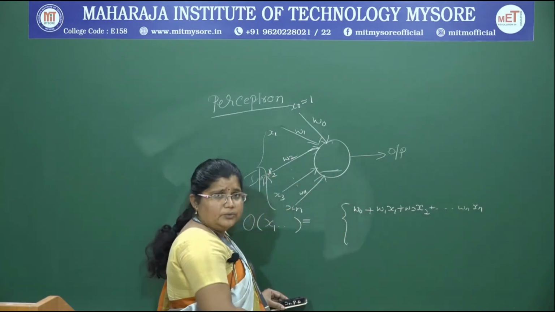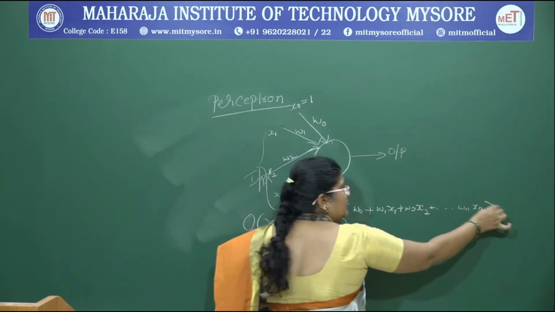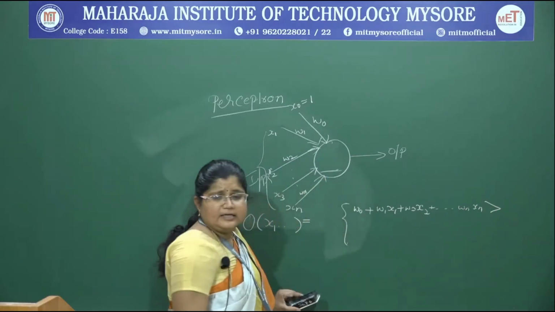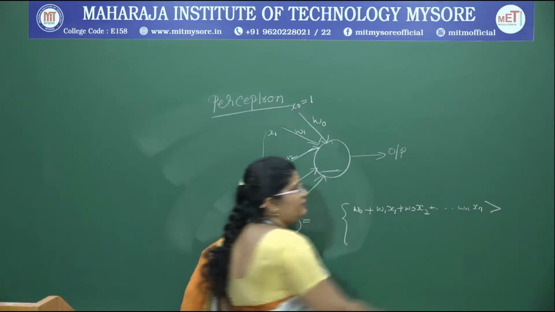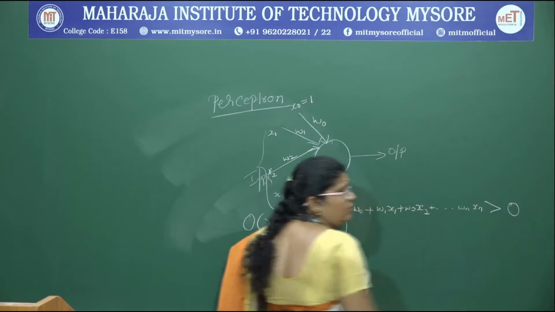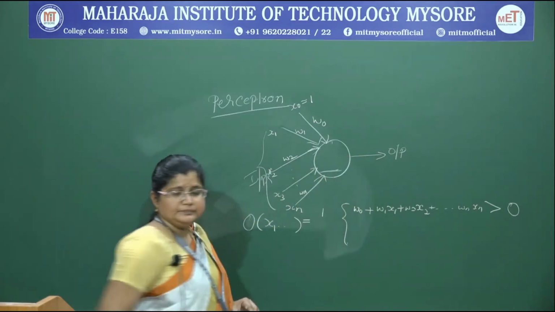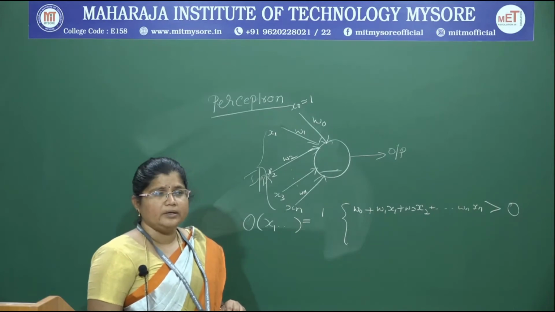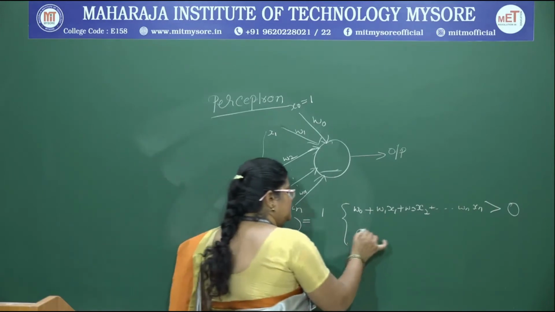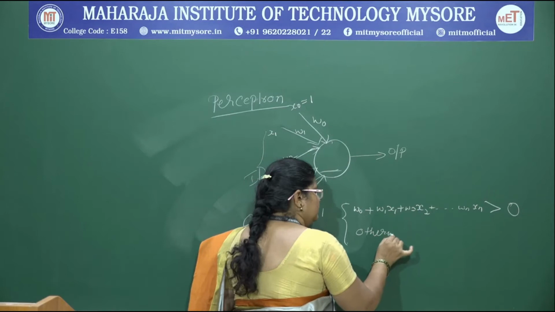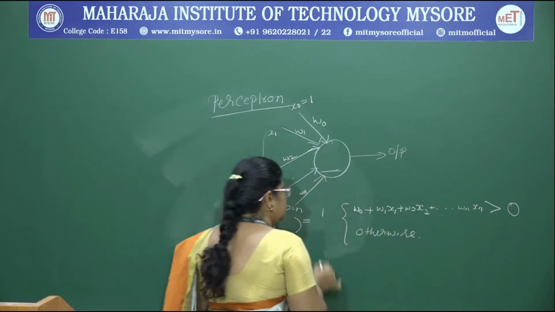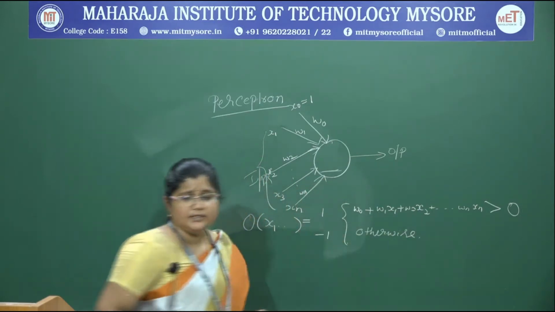If this value is greater than the threshold, or greater than 0, then the output will be 1. Otherwise, the output is -1.